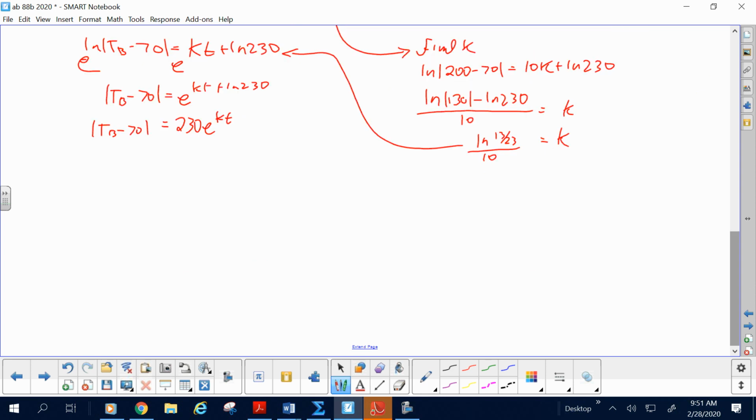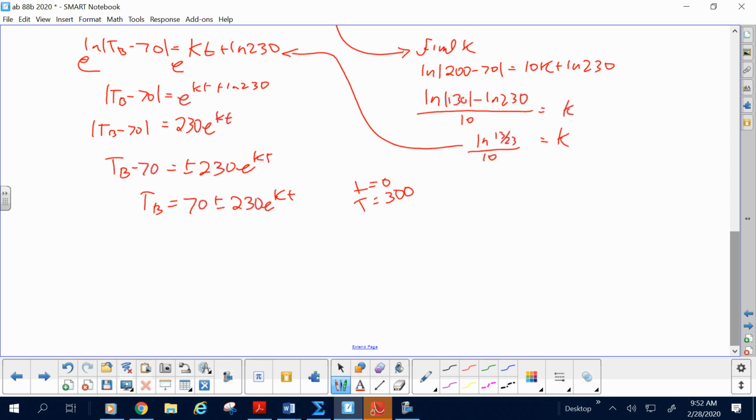All right. So, how about the absolute value? What happened? Plus or minus 230 e to the kt. So t sub b is 70 plus or minus 230 e to the kt. And at some point then we have to choose. What do we choose in order for time 0 to result in a temperature of 300?